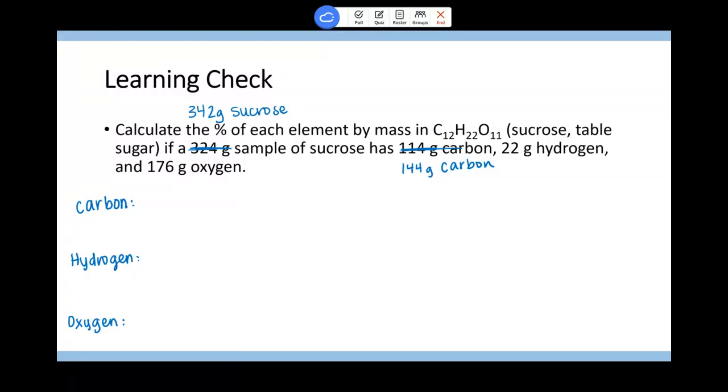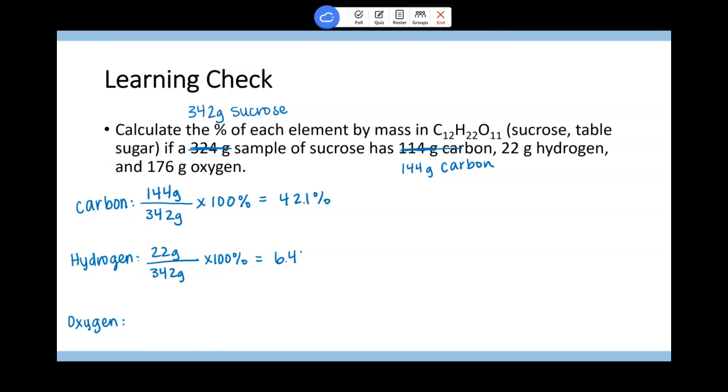Okay, did anyone do carbon? Or hydrogen or oxygen? Oh yeah, go ahead. So how did you calculate carbon? So the mass of carbon divided by the total mass of sucrose, we'll multiply that by 100%, and you should get 42.1% carbon. Follow the same process for the rest. So we have 22 grams of hydrogen divided by total mass times 100%.